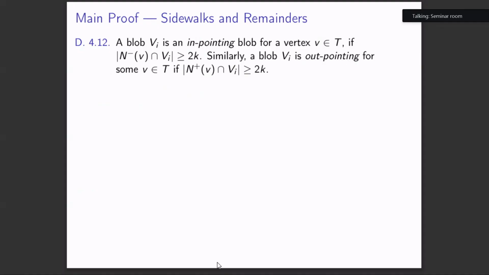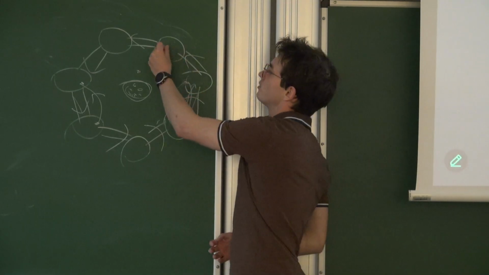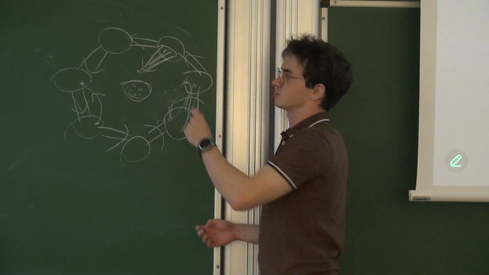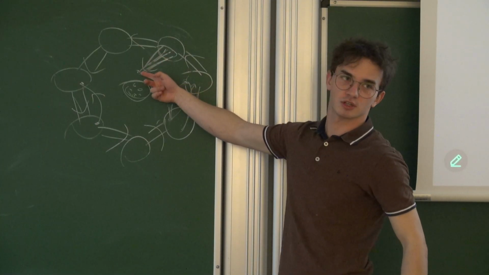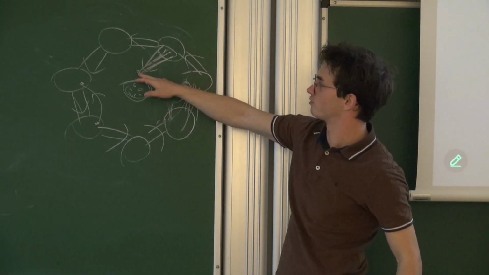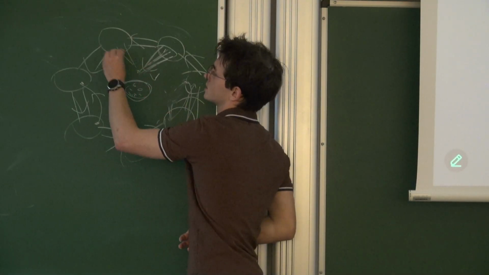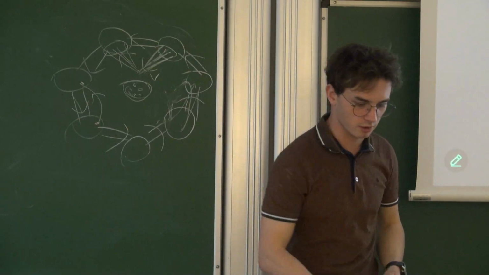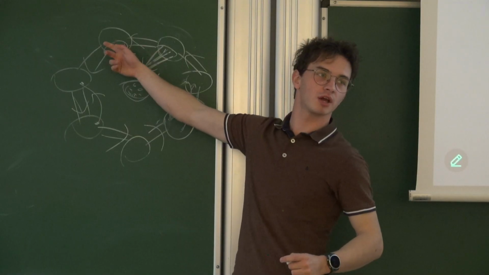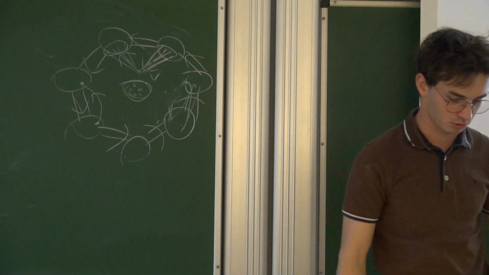Now we define what it means to be an in-pointing and an out-pointing blob. We pick a vertex from here, and we say that if this vertex has at least 2k neighbors going from the blob to this vertex, we call this blob an in-pointing blob of this vertex B. Similarly, if it has at least 2k going out, we call the blob out-pointing.